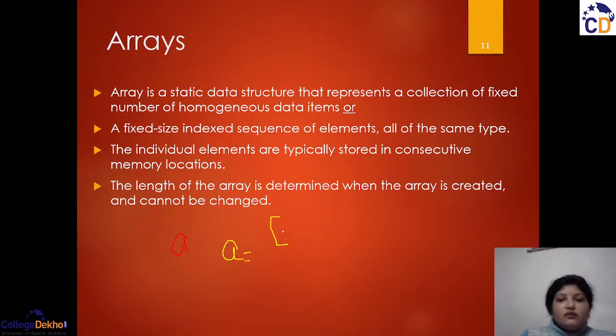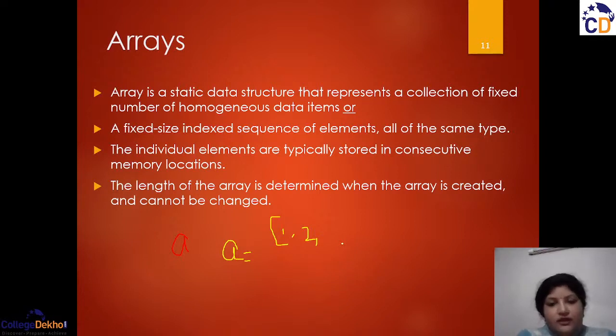Homogeneous means A is holding only numeric values: 1, 2, then 3, then 4, and so on. So homogeneous means this list that is containing the elements should be in digits, in numbers only. You cannot take it as characters.